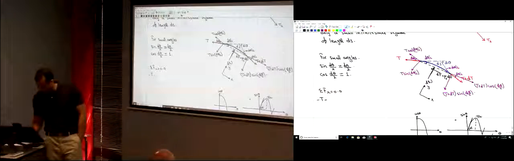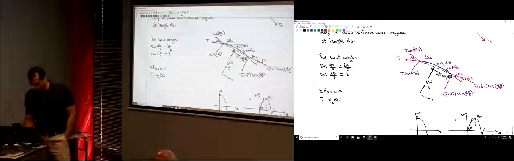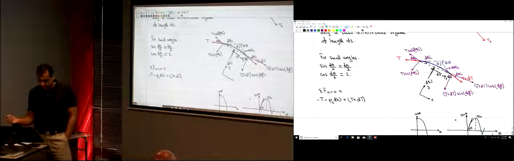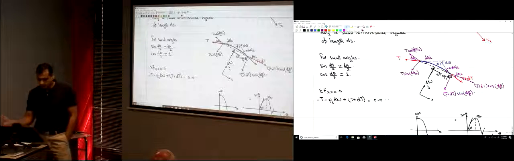Negative dF, which is mu s dN. And positive T plus dT times cosine of the angle, which is 1. Those are equal to 0.